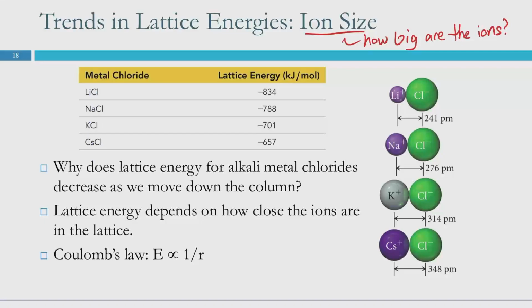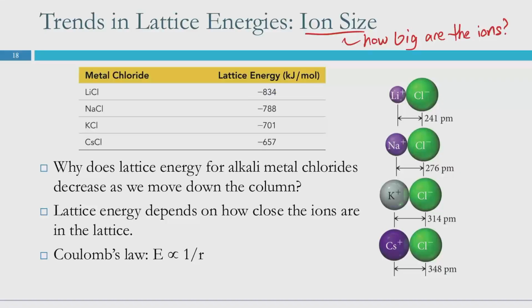Moving down group 1, and then our lattice energy associated with those metal chlorides. Lithium chloride has the largest value for lattice energy, in terms of furthest away from 0, the most negative number.